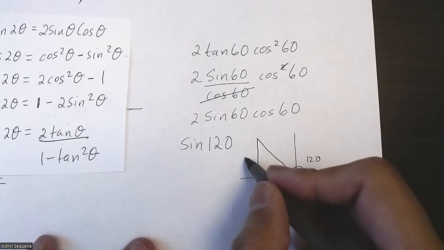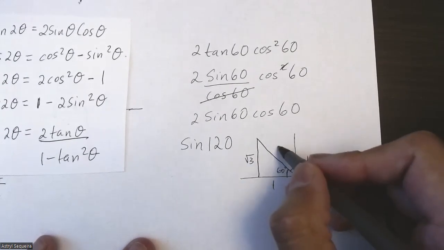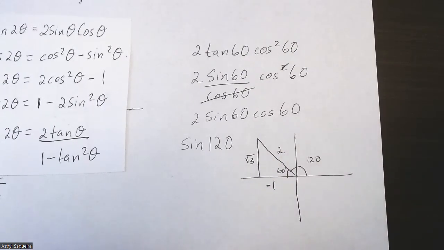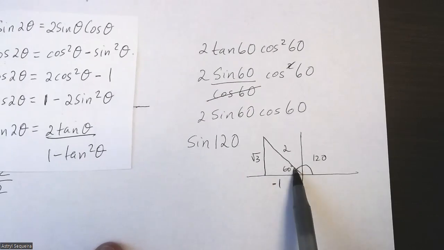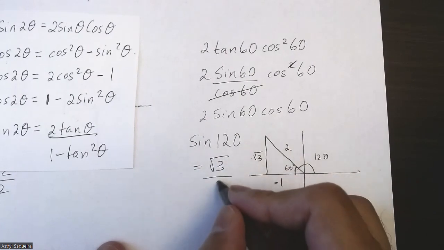And opposite of 60 degrees, I know, is root 3. Adjacent is 1, and hypotenuse is 2. And this is just going to be a -1, because again, this is the negative x quadrant. And sine of 120 is opposite over hypotenuse, which is just root 3 divided by 2.